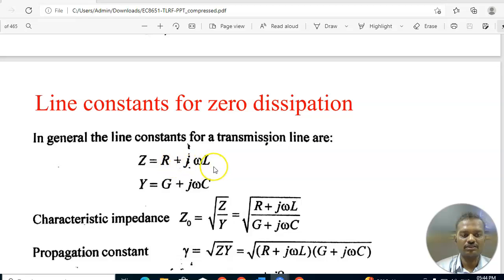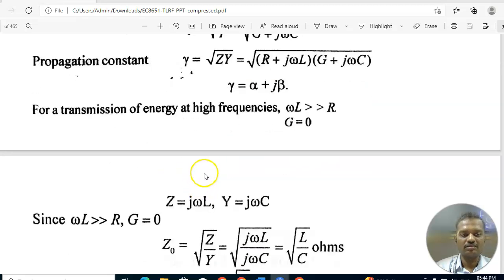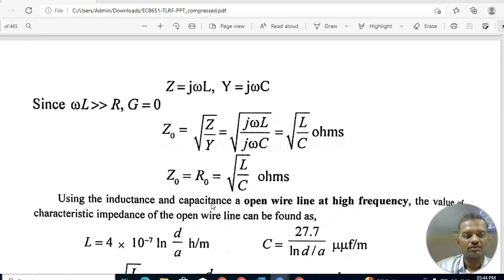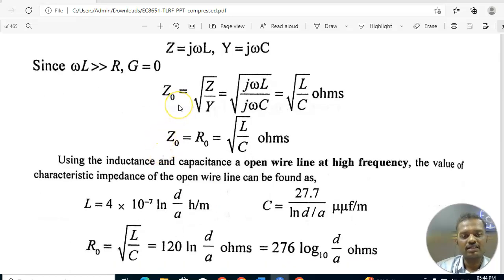So the primary line constants Z and Y change to purely imaginary terms. From R plus j omega L and G plus j omega C, applying the high frequency assumptions, you get Z equal to j omega L and Y equal to j omega C. The characteristic impedance is root of ZY, so j omega L over j omega C cancels, and the value is root of L by C. So in a high frequency transmission line, the characteristic impedance depends purely on the L by C ratio, which we saw in the previous topic, loading of cable.